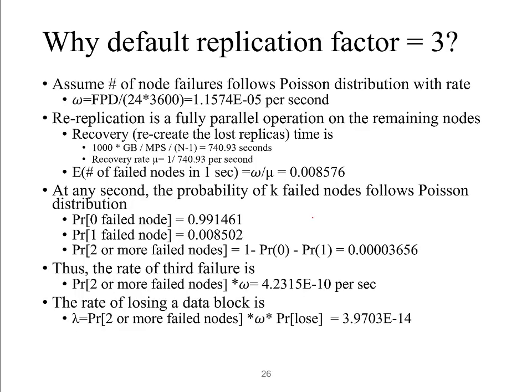All right, so now assume that the node failures follow the Poisson distribution, which we have discussed before.